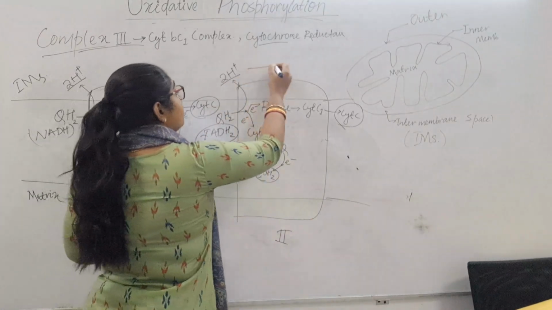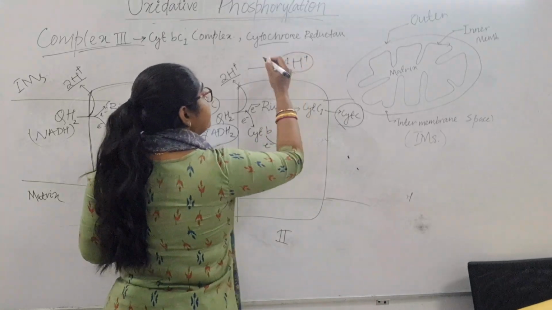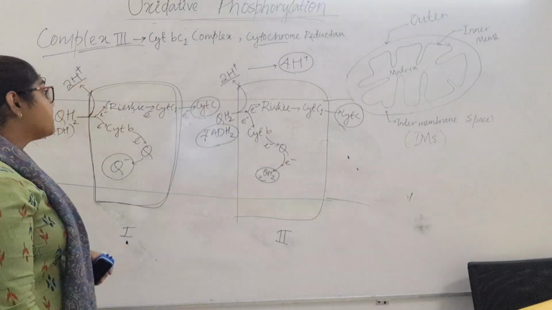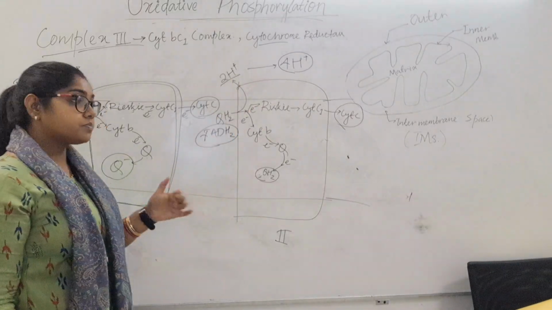That means in total it is transporting 4 protons into the intermembrane space. Complex 3 is transporting 4 protons.